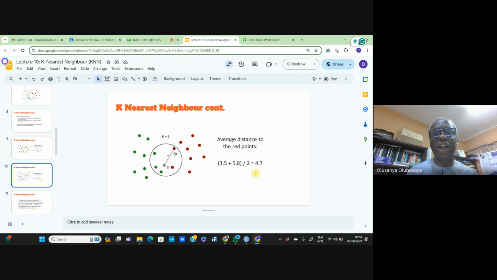So you could have fewer with small average, and you could have quite a number, very many, with large average. So the classification is based on the average of the distances of the groups from the one to be classified. Yes, are you okay with that?